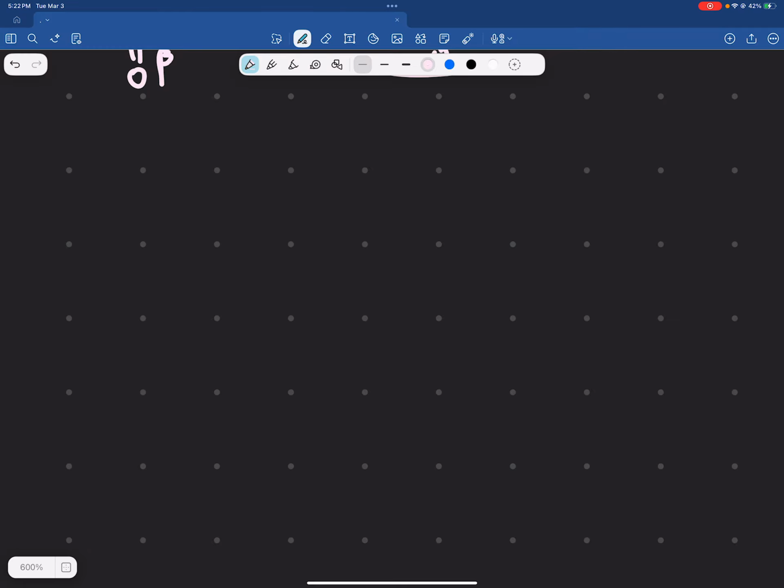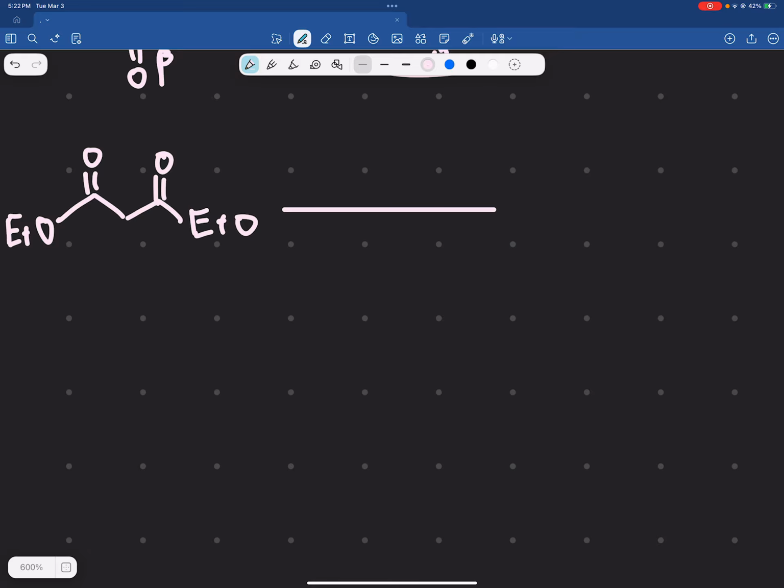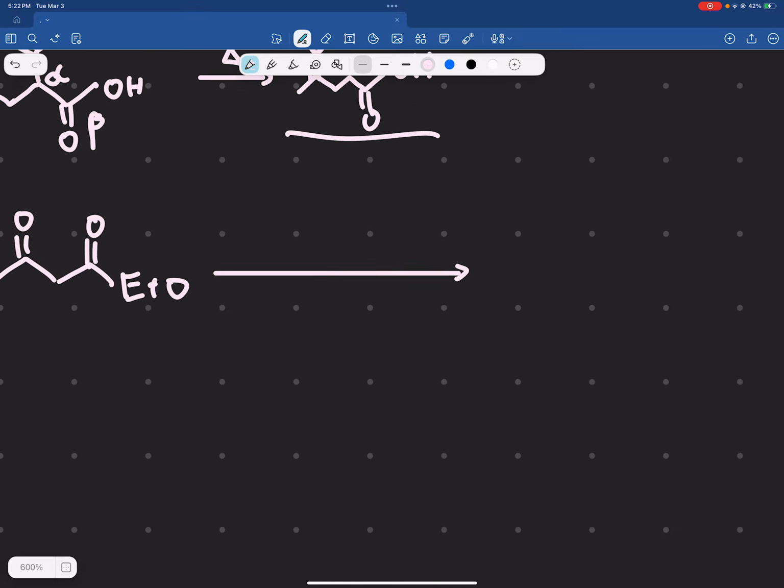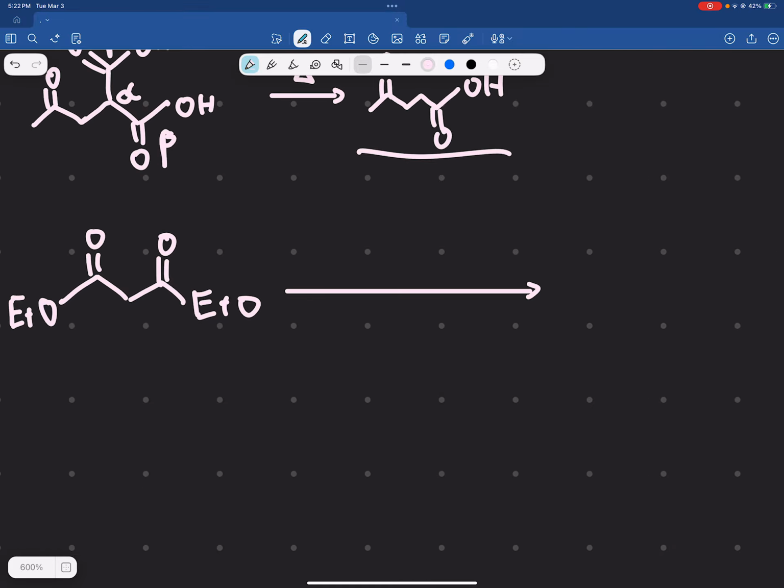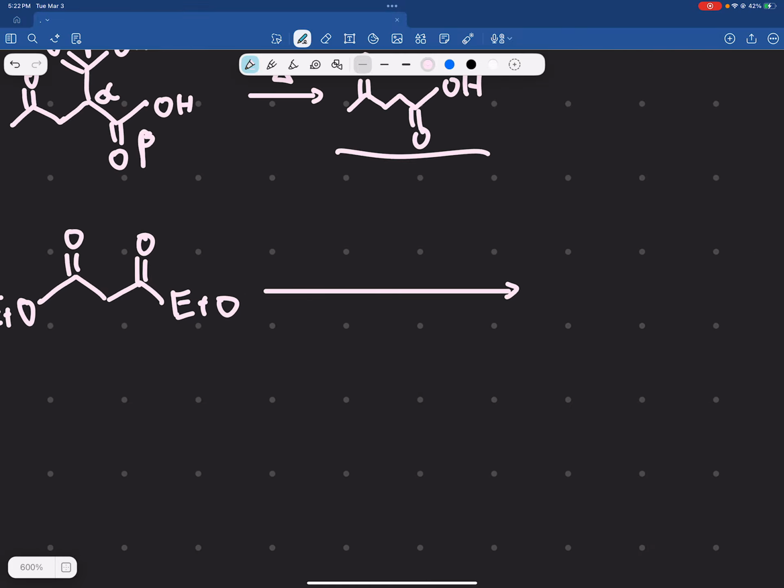Let's go through one last example. If you can do this example, I say you're pretty well set on the mechanisms that we need to know for this topic.